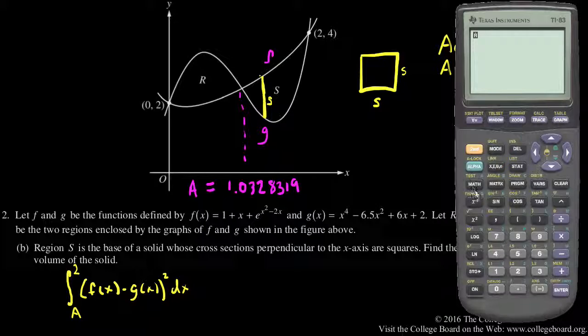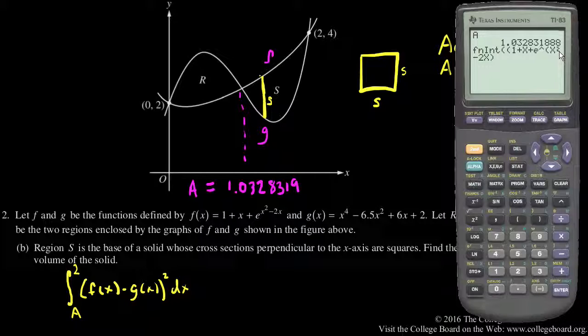I'll show you a already holds this value in it, and I'll just do math integral of f of x minus g of x. I'll retype them in. They are already stored in y1 minus y2 from part A, but I'll retype them in here. So 1 plus x plus e to the x squared minus 2x.